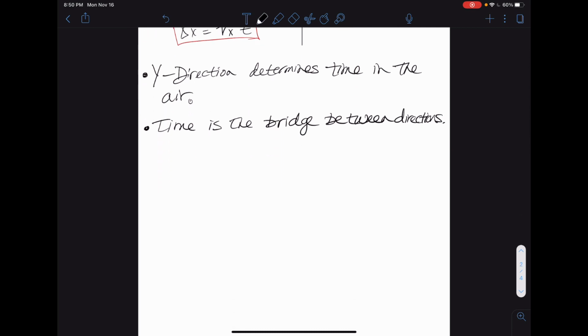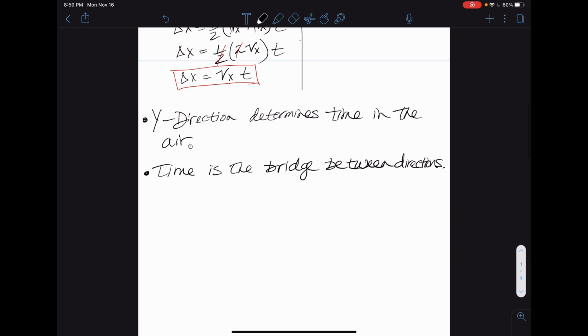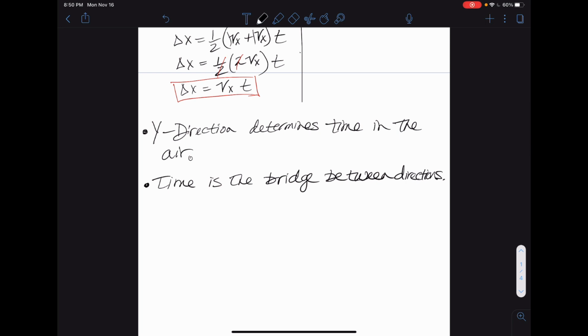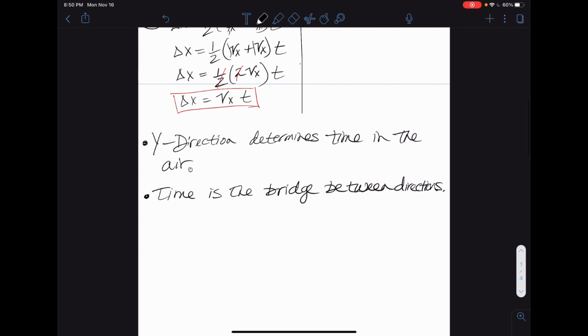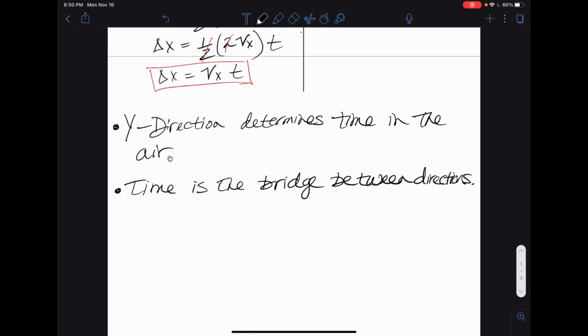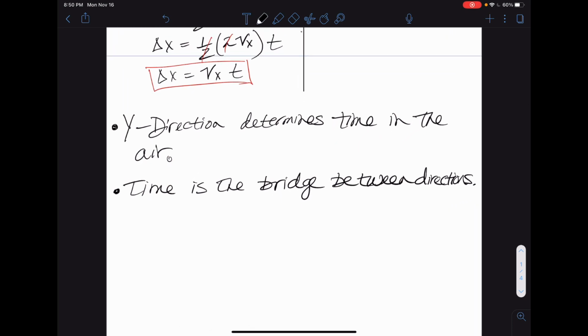Just reminding you that the y direction determines the time in the air, which is kind of tough to think about, and time is the bridge between the directions. Okay, so I'm probably going to come back to that here in a second.